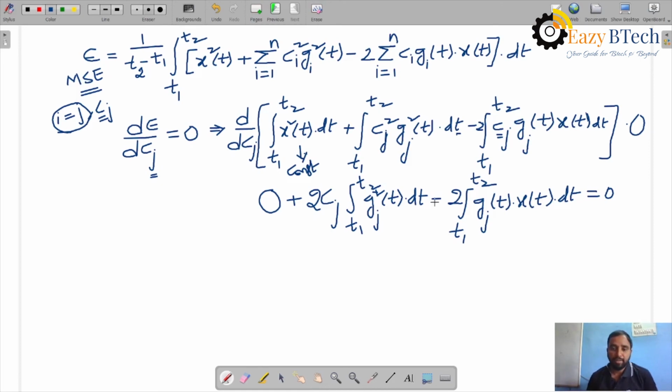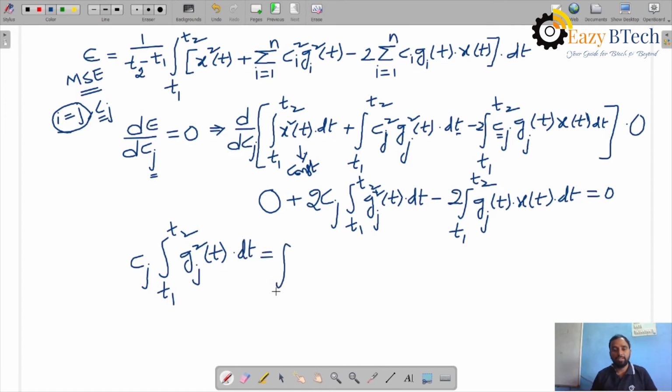So next, the mathematical way of doing it is you send this minus term to the right side, it will become plus, and we can cancel the number 2 on both sides. After that, we get Cj and integral t1 to t2 gj square of t dt is equal to, on the right side, integral t1 to t2 x of t into gj of t dt.